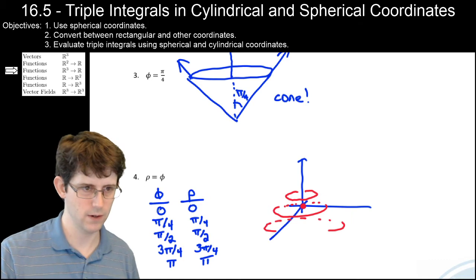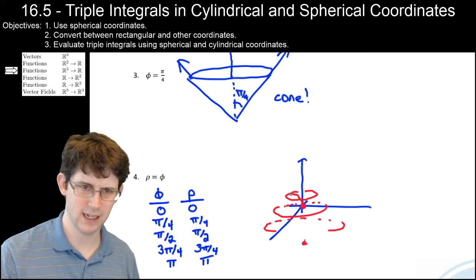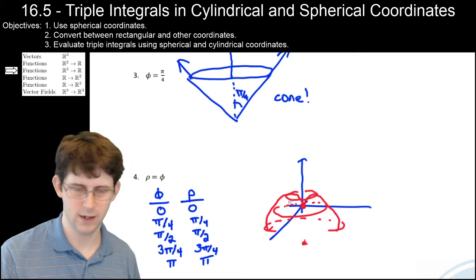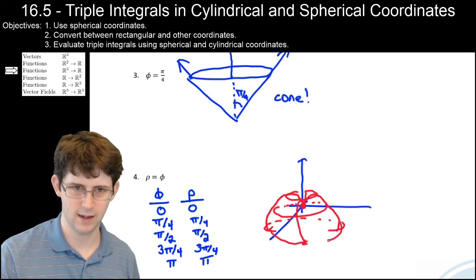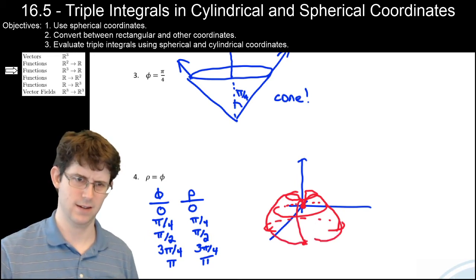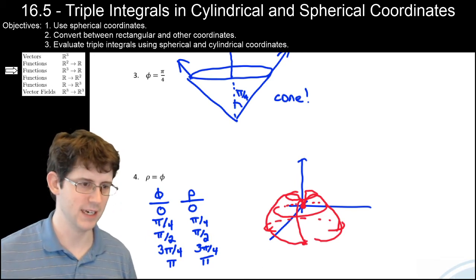And when phi is pi, so when you're in the South Pole, you get to be pi away from the center. So it looks like you're going to get some kind of, I don't know, like a bundt cake. I think everything looks like a cake. What a weird thing. Is this supposed to be like a normal object?